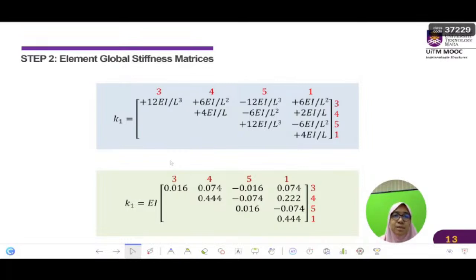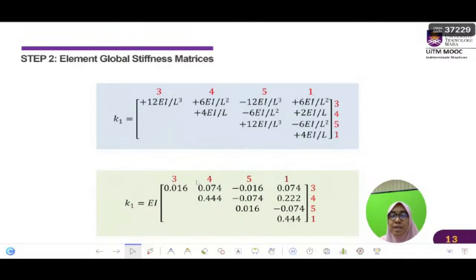Okay, so this is the element stiffness matrix. There are two elements, K1. Member AB is considered as K1. Member BC is considered as element number 2. So there are 4 by 4 matrices. The labels that we can see here, in red font, represent the degrees of freedom.